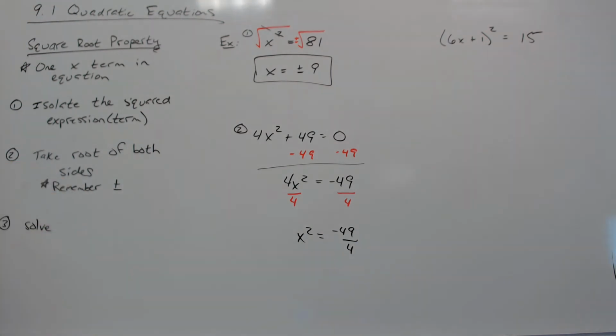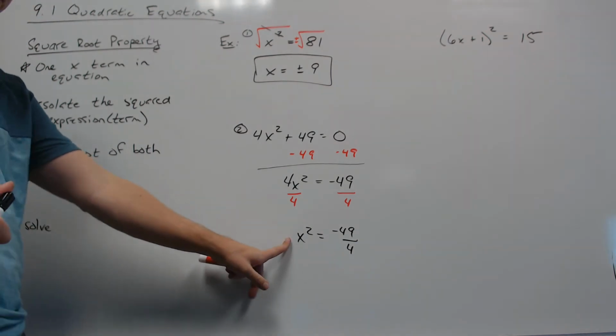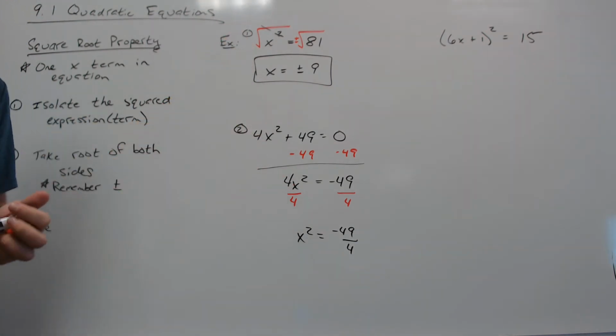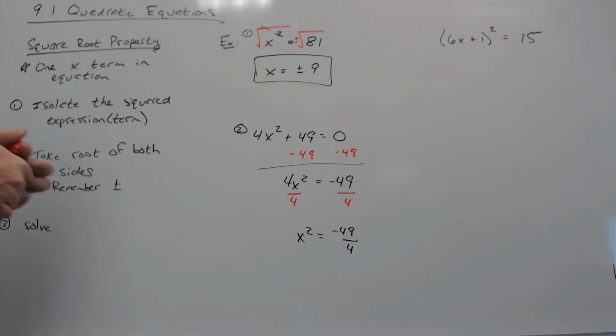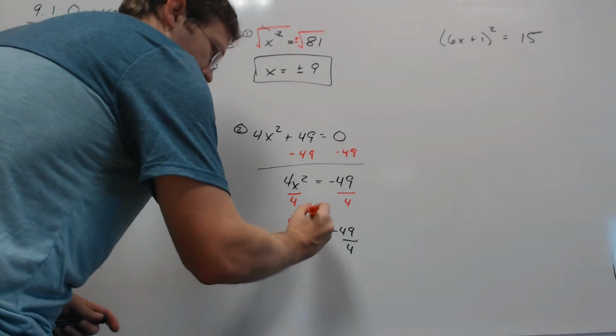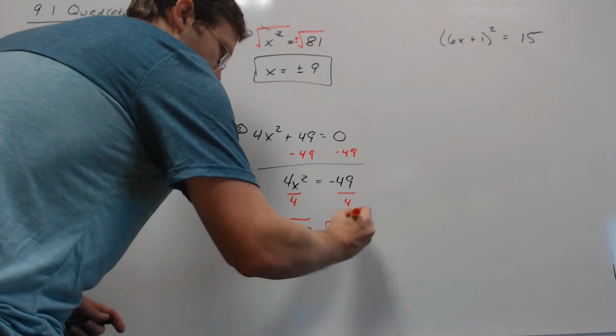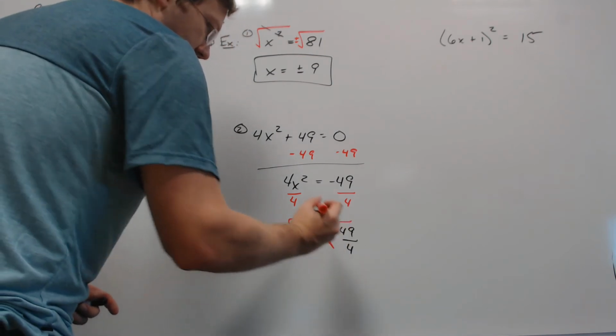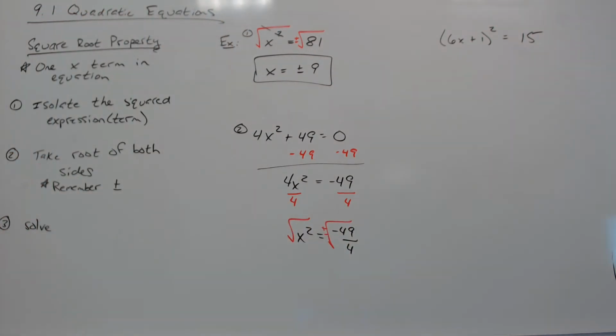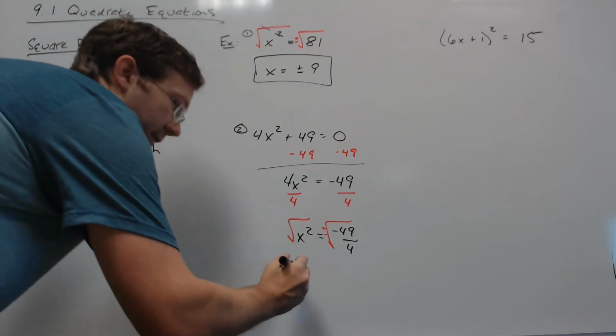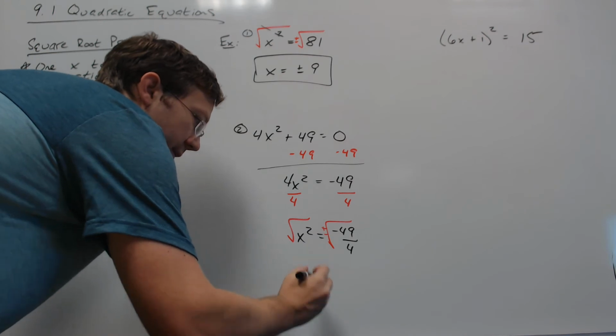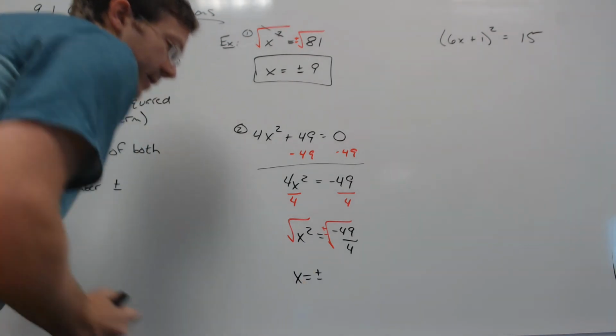Now we've got the squared term by itself, which means I can use the square root property just like above, and this will solve for x. And don't forget the plus or minus. So that's going to give us x equals plus or minus.